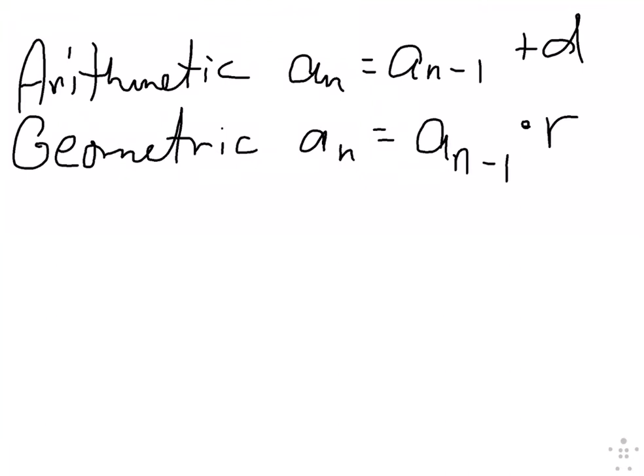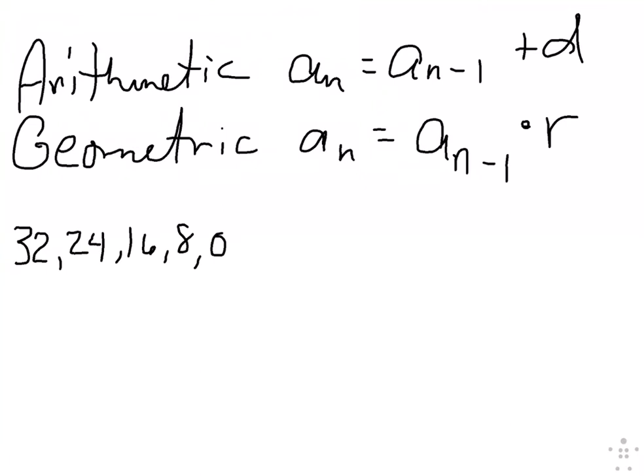So on number 12, it says 32, 24, 16, 8, 0. What's it doing? It's subtracting 8. In order to go from 32 to 24, you subtract 8. 24 to 16, you subtract 8. 16 to 8, subtract 8. 8 to 0, subtract 8. So, is that arithmetic or geometric? Arithmetic.